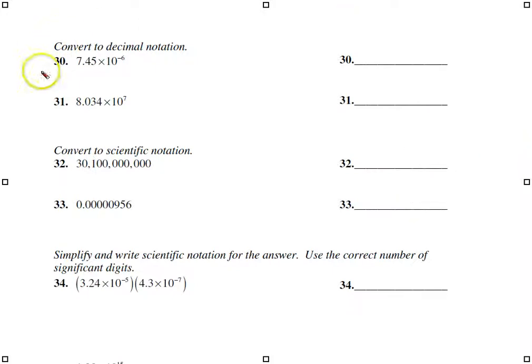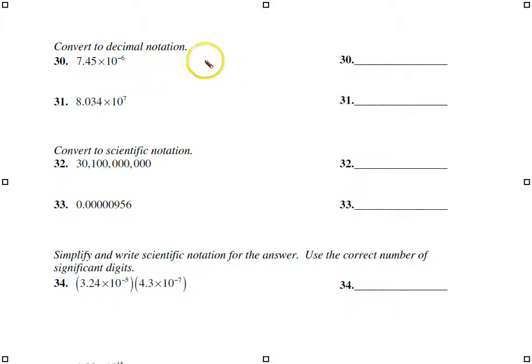In class, we went over converting decimal notation and scientific notation. Here, this is scientific. We want to convert it to decimal notation. So we look at our number. There's our decimal, and it's 10 to the negative 6.